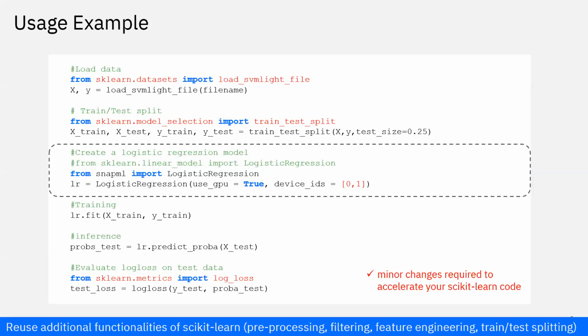So that means you can reuse the data loading, the pre-processing, the model selection, and metrics functionality from scikit-learn. You don't need to implement everything from scratch or use new stuff from SnapML. You can simply replace the training part, replace the estimator from scikit-learn with SnapML, and all of the rest remains the same.